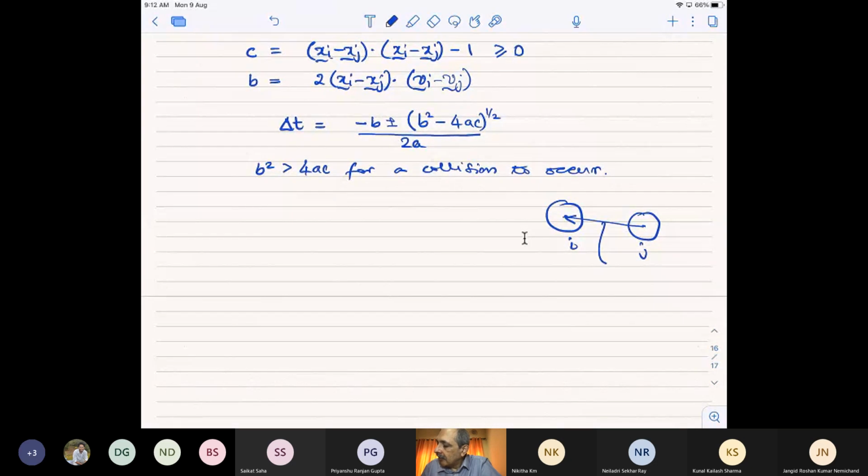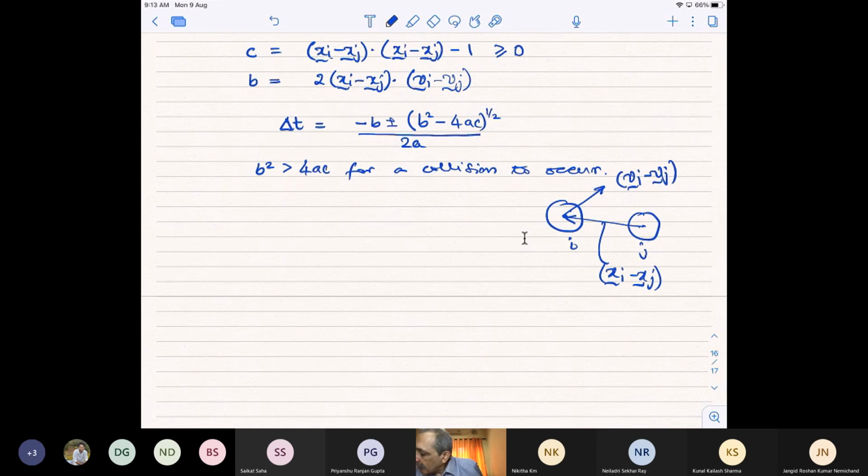Then this vector is nothing but xi minus xj, a vector joining the two centers. And if the two particles have to be moving together, then we can write down a velocity vector that is vi minus vj, like this.